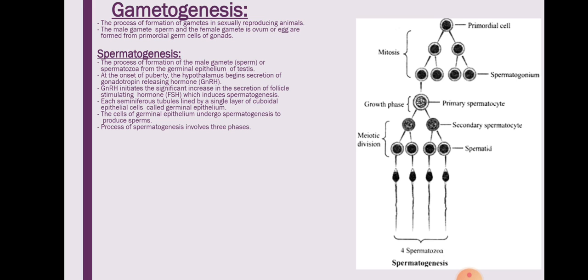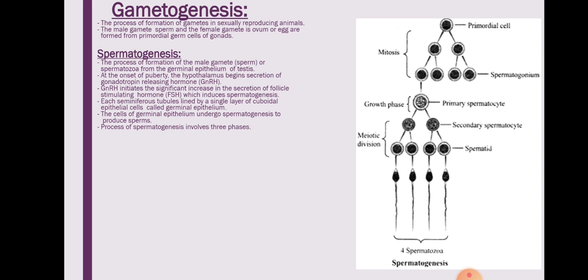GnRH initiates a significant increase in follicle stimulating hormone, which induces spermatogenesis. Follicle stimulating hormone, the name itself suggests that in males it promotes spermatogenesis and in females it promotes oogenesis.